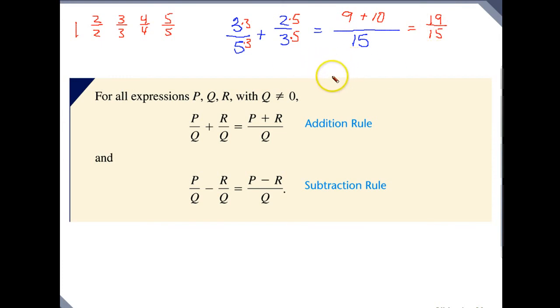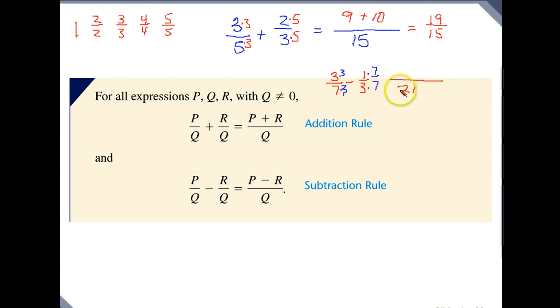Let's do a subtraction. So let's say 3/7 minus 1/3. I could make it any number, but I'm making it easy so you see the process. Common denominator is going to be 21. So I'm going to multiply these by a 1 in the form of 3/3, and this one by a 1 in the form of 7/7.